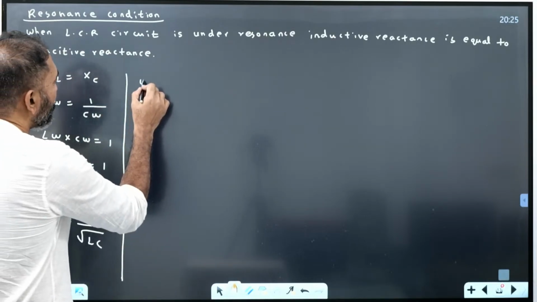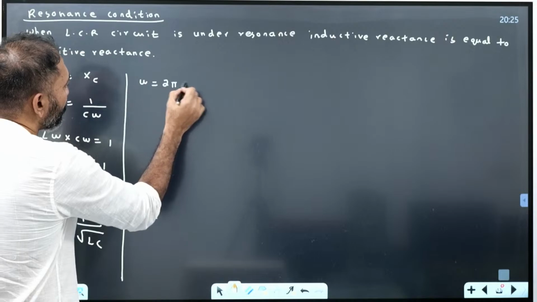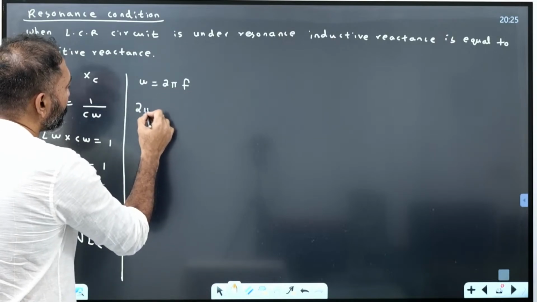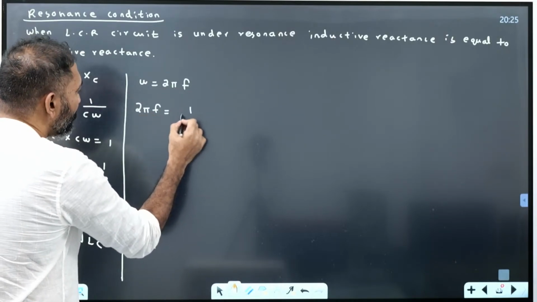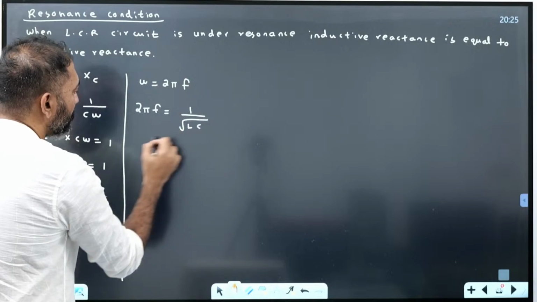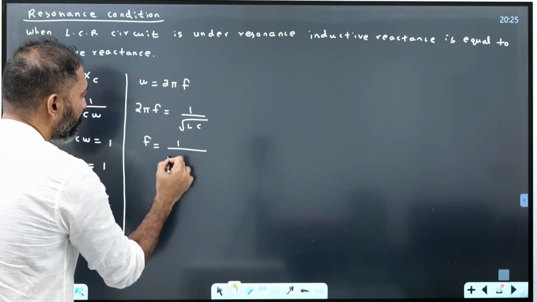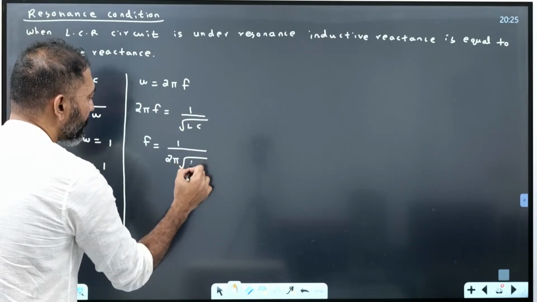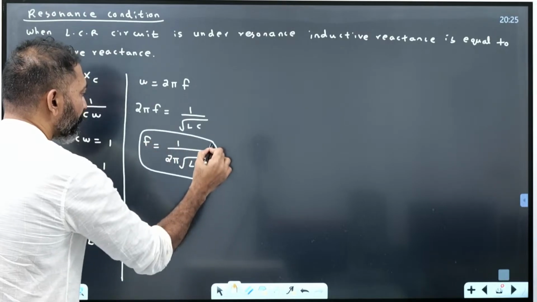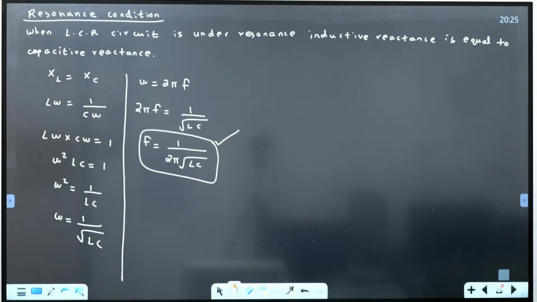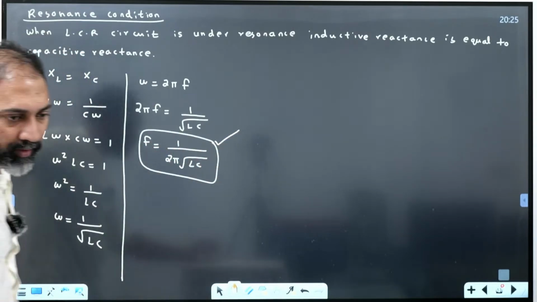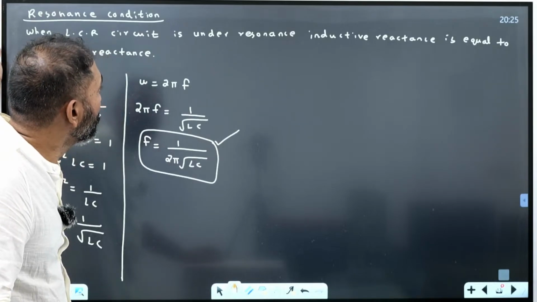Now we know that omega is equal to 2 pi f. So 2 pi f is equal to 1 by root LC. So f is equal to 1 by 2 pi root LC. This is the resonance frequency condition.